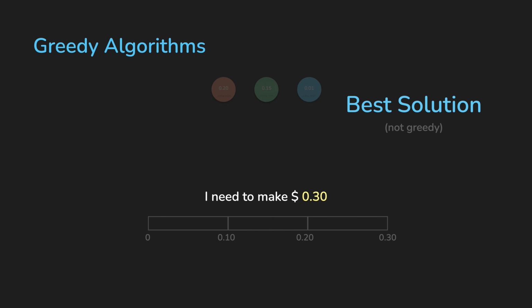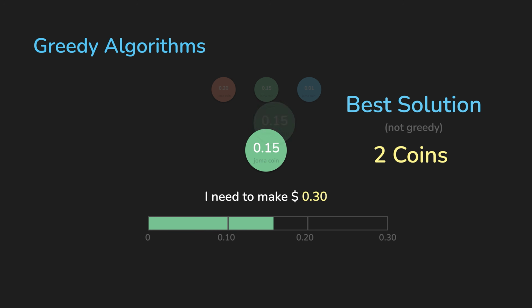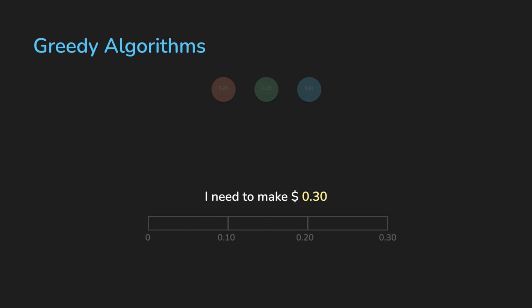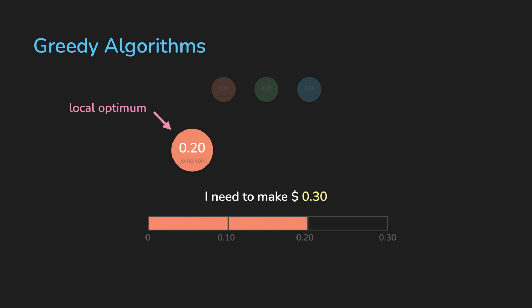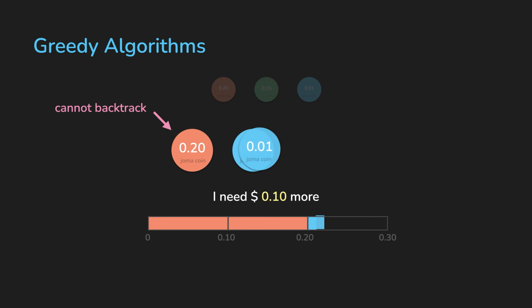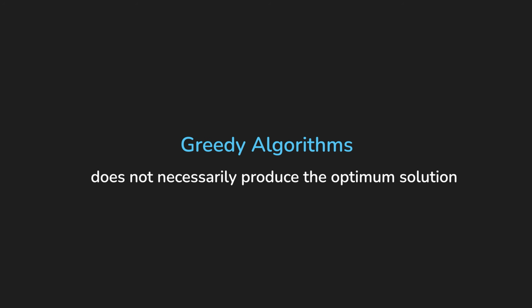However, the best solution would be to use 2 15-cent coins. So despite us choosing the 20-cent coin in the beginning, it's clearly a local optimum, but definitely not the right choice for the overall problem. However, because it's a greedy algorithm, like we said, it will not backtrack and change that decision. Thus, we now also learn that the greedy algorithm does not necessarily produce the optimum solution.